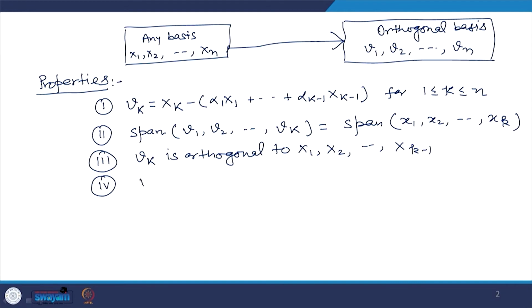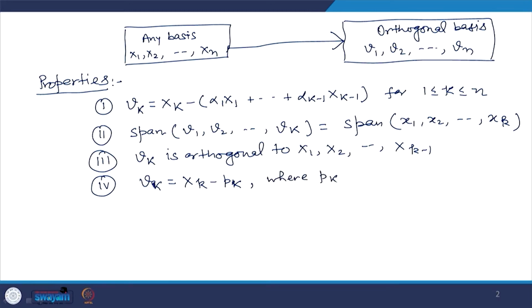Number 4, Vk equals xk minus pk. So, what I can write?